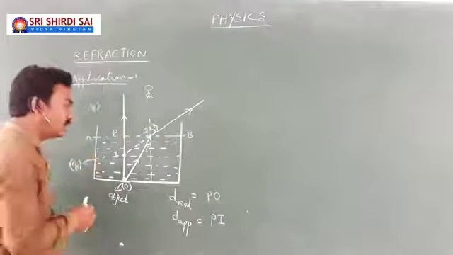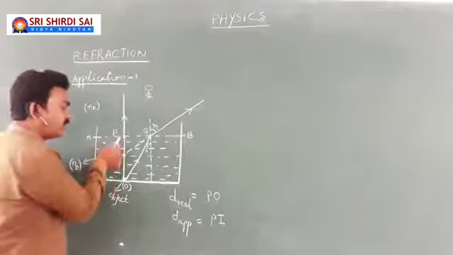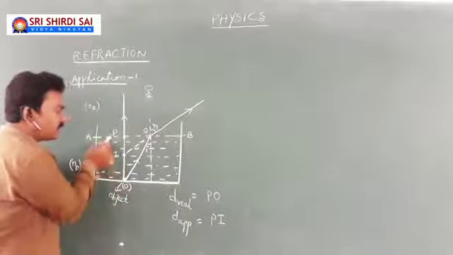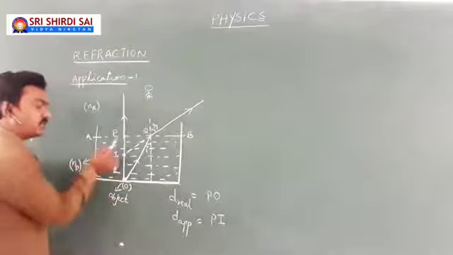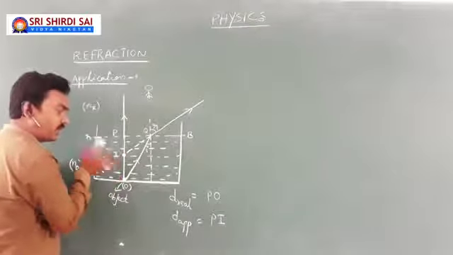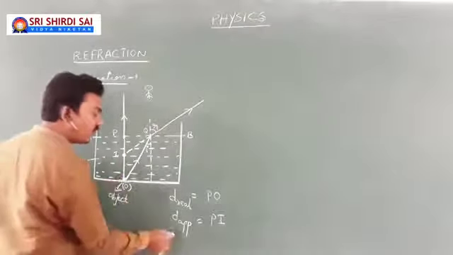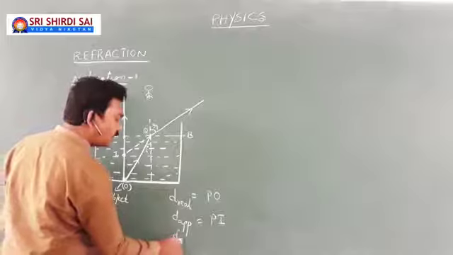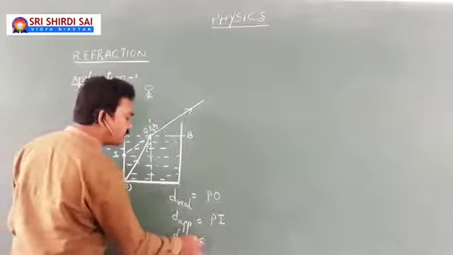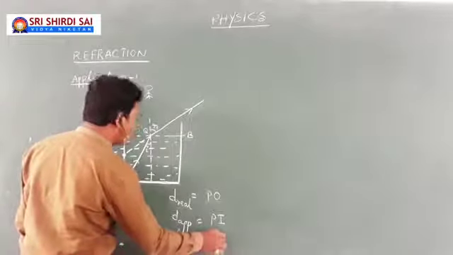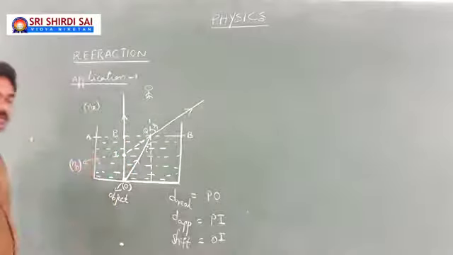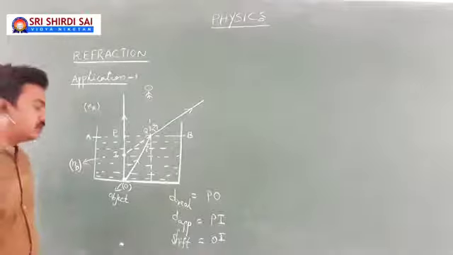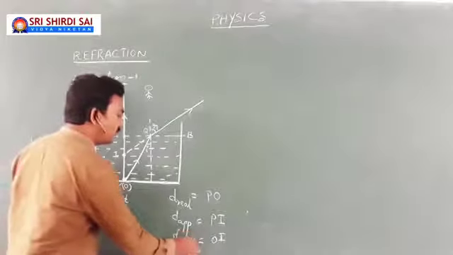But here the real distance of the object from the interface in the denser medium is from P to O, whereas the apparent distance of the image from the interface is P to I. And we have taken O to I as the shift in the position of the object, which is towards the interface. O to I is a shift. You can represent this with a letter S even.